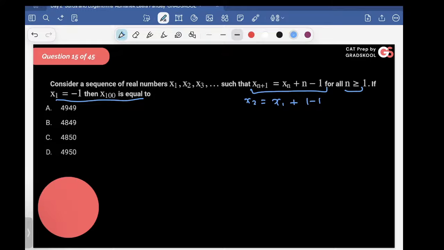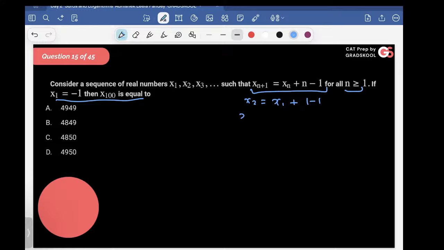And x1 is given to us, that is minus 1. All right. That is given to us.